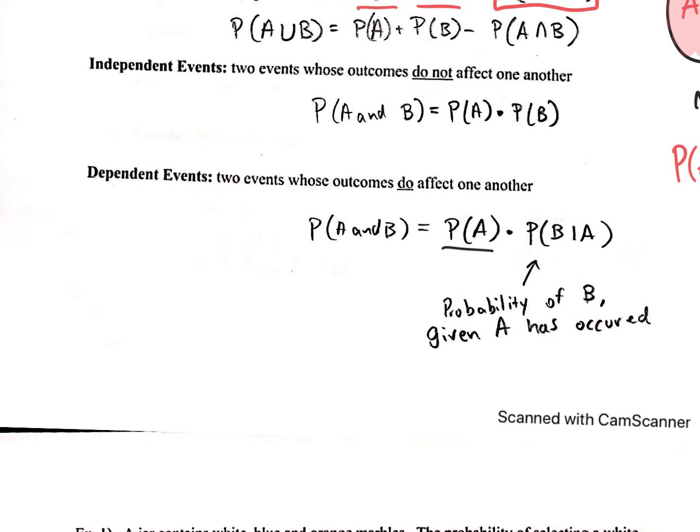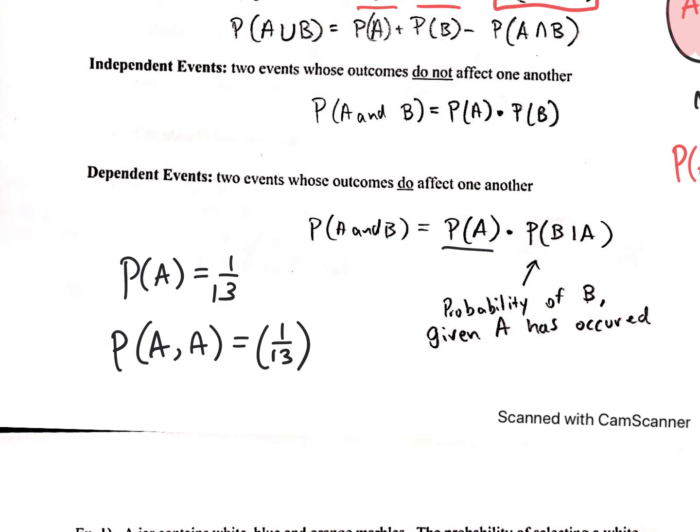Well, the probability of pulling an ace would be 1 out of 13. The probability of pulling an ace and then another ace would be 1 over 13 for the first ace, and then 3 out of 51, the probability that I pull that second ace, given that I've already removed one ace from the deck.